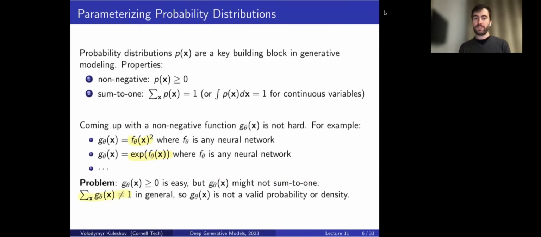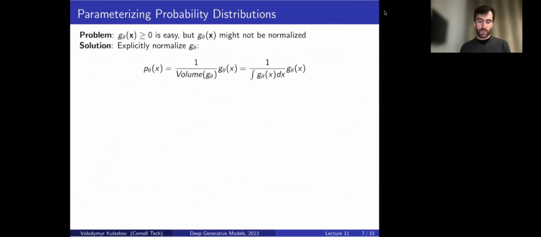And so as a result, if I just use these simple examples, I don't get a valid probability. I can't really use it for generative modeling. So getting a normalized g of x is something that's not necessarily straightforward.